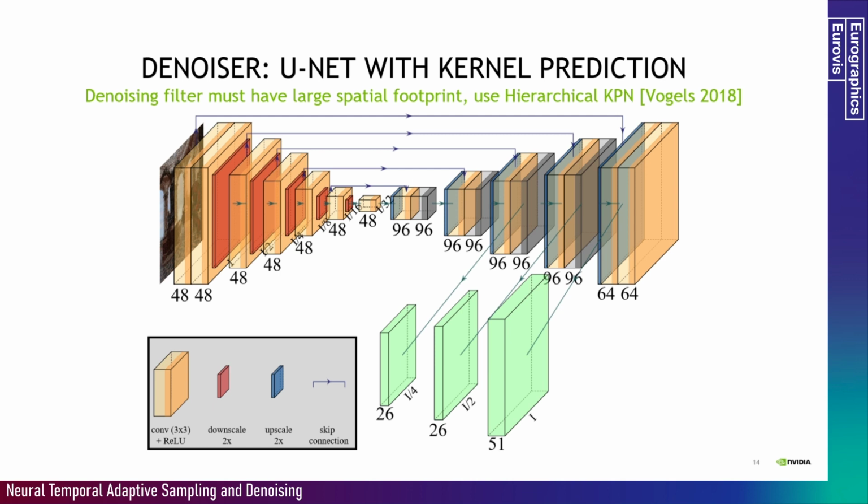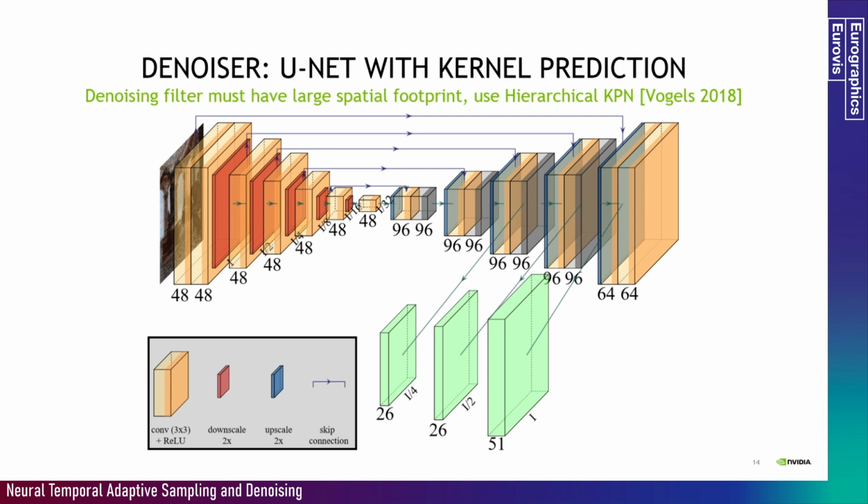So to improve performance, we use what's called hierarchical kernel prediction. And this is the reason why we have 3 different outputs from the network, shown in green below here, and they occur on 3 different hierarchical levels of the decoder. Hierarchical kernel prediction essentially approximates a large filter kernel by applying many small filter kernels on different MIP levels and combining the result.